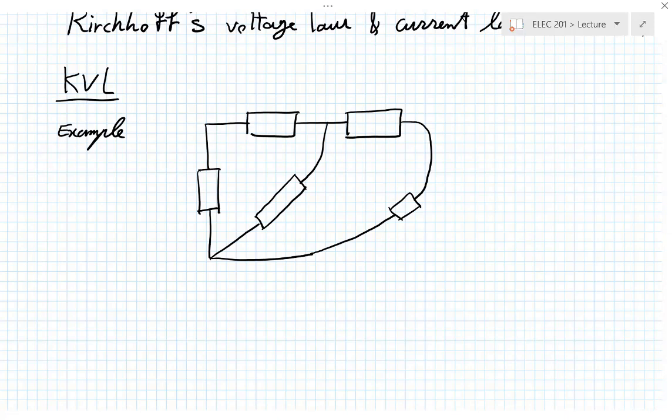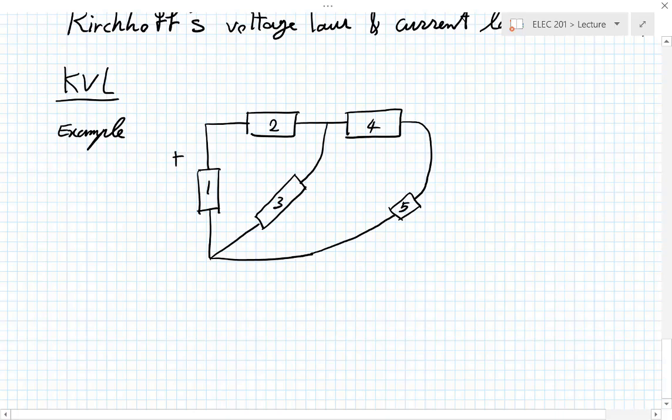In order to be able to talk about this quantitatively in mathematical language, I have to specify variables, voltages and currents for each element. So if you call these elements 1, 2, 3, 4, 5, again, can be anything.